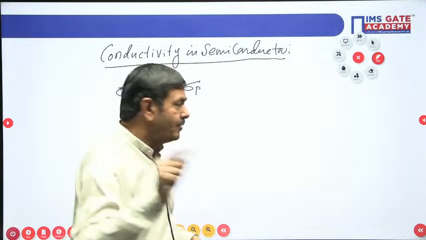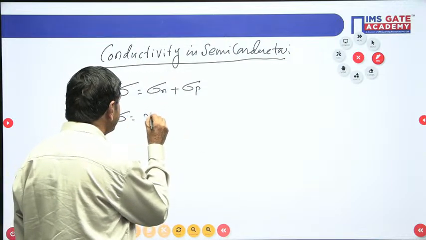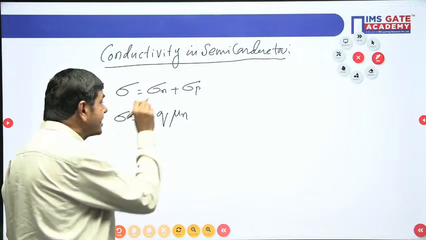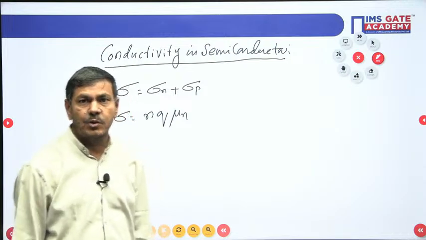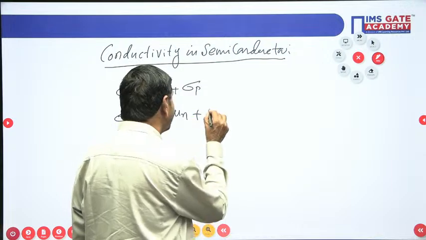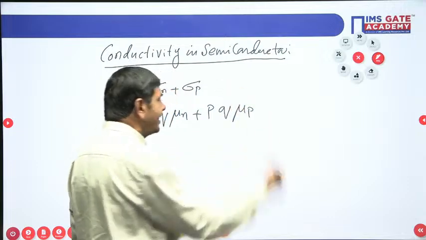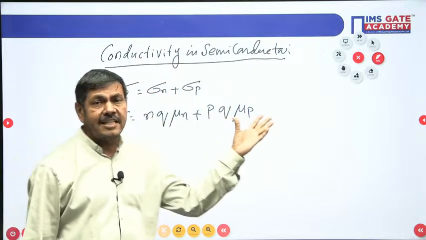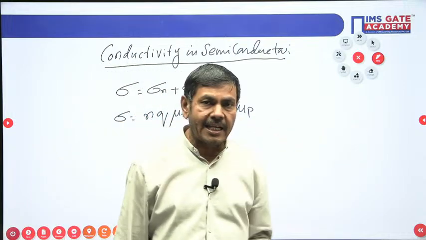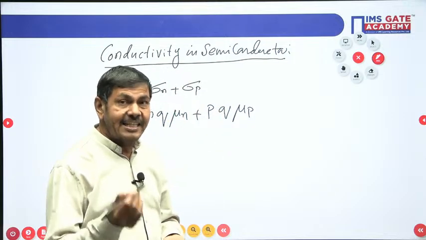So the total conductivity is n into q into mu n, which is for the electrons, plus, for holes, in the place of n, p into q into the mobility of holes. This is the general formula. Whether it is intrinsic or extrinsic does not matter. Directly by using this formula, you can find the total conductivity.